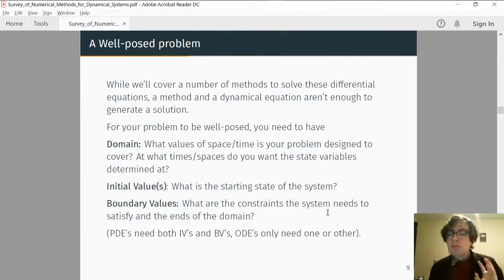So when we're dealing with those nasty PDEs, because we have those extra derivatives, we generally need both initial values for our state variables and boundary values or boundary conditions. Whereas in ODEs, I can either have an initial value set and solve what's called an initial value problem, or I can have a boundary value set and solve what's called a boundary value problem.